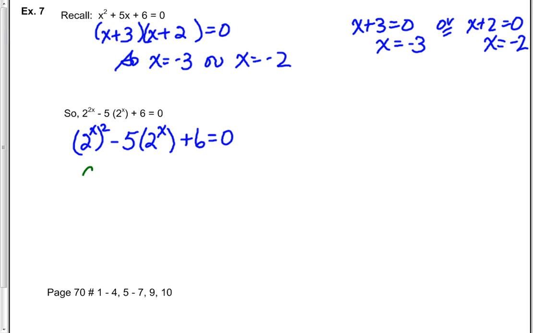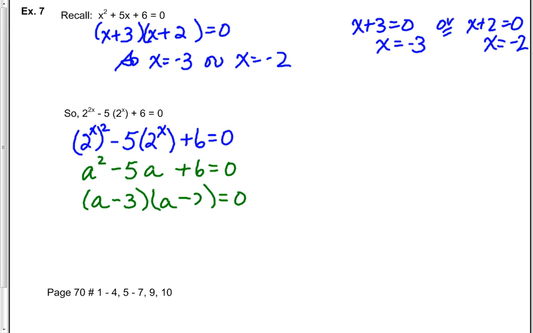That would really be the same as a squared minus 5a plus 6 equals 0. And that we can factor. A simple trinomial multiplies to 6 and adds to negative 5. We could factor that easily enough. We can do the same with this one.